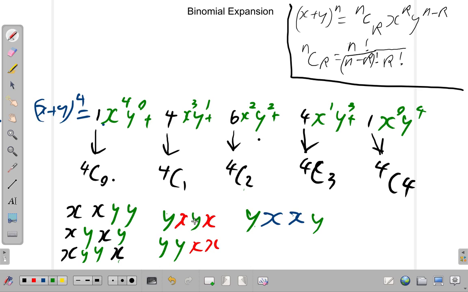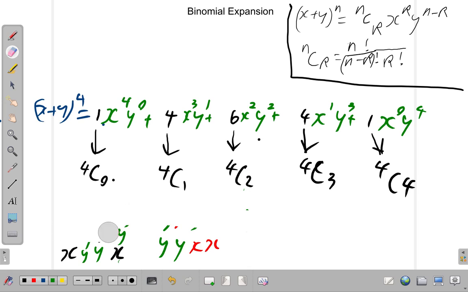So that's it. Let's look at this one. We're going to arrange 1 x and 3 y's. In other words, 4c3 means we have a total of 4 and we choose 3 y's. How many ways can we arrange that? Let's see.